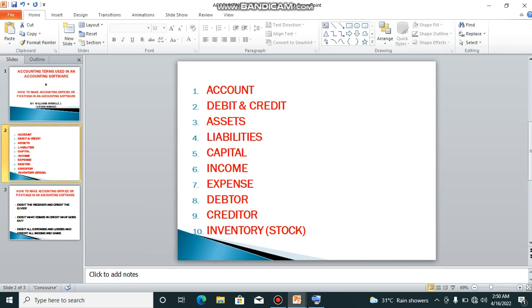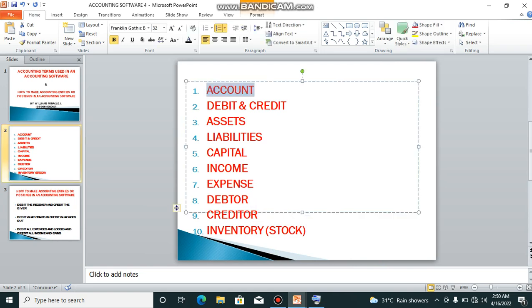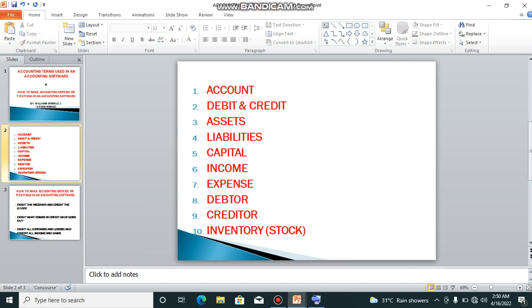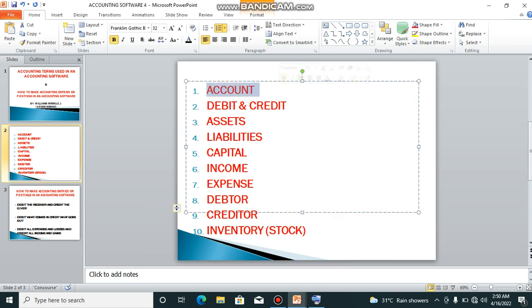Okay, so for accounts, an account is a summarized record. I'm trying to explain accounts for you to understand. When working with computerized accounting software, you need to take note of this word, accounts.